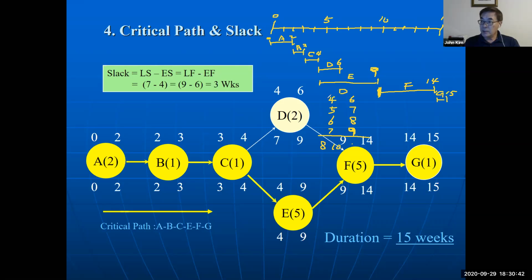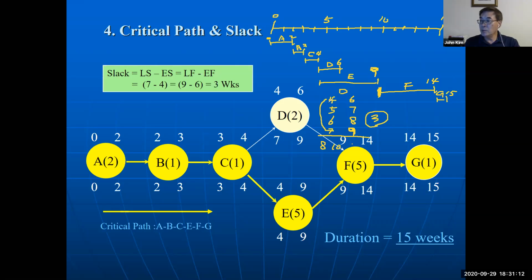So activity D has 7 minus 4, or 9 minus 6, 3 weeks of spare time. So activity D has some flexible time, but the combination is like this.